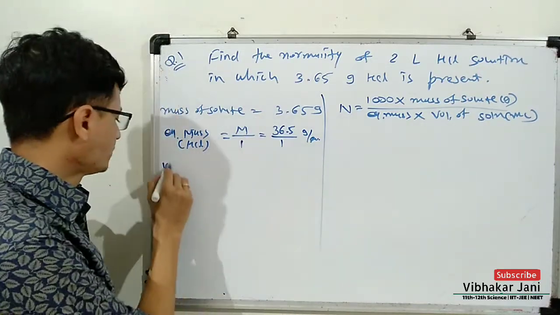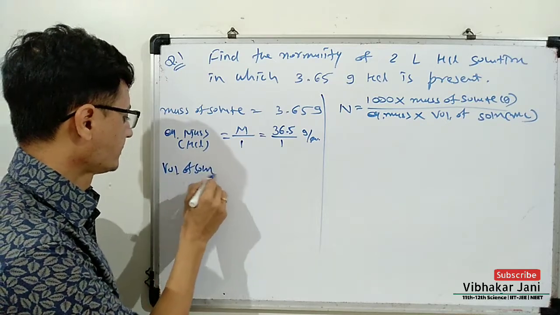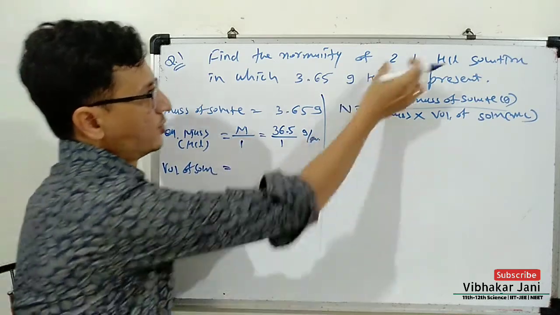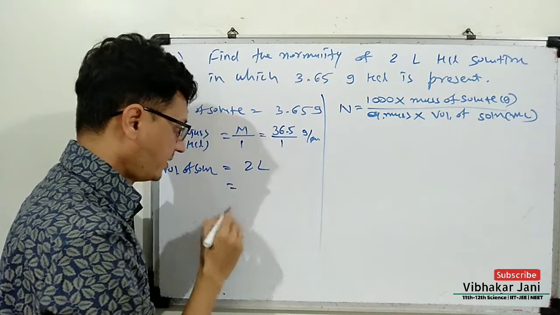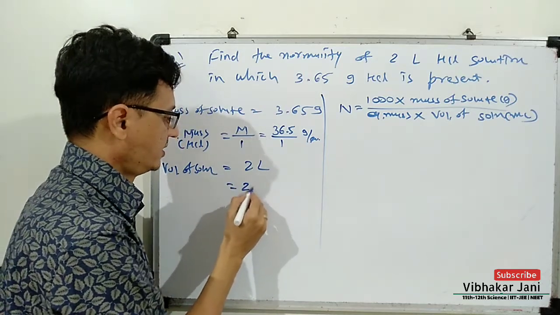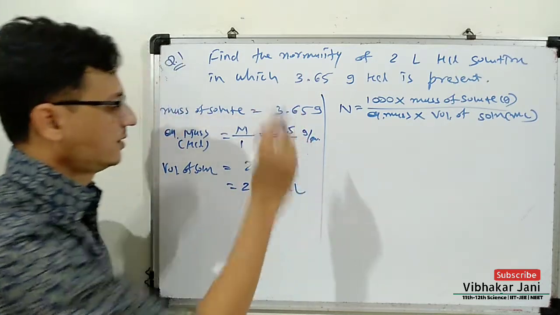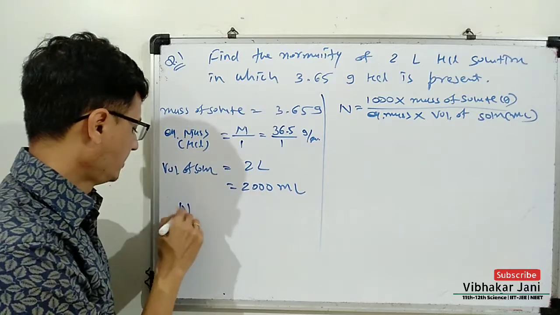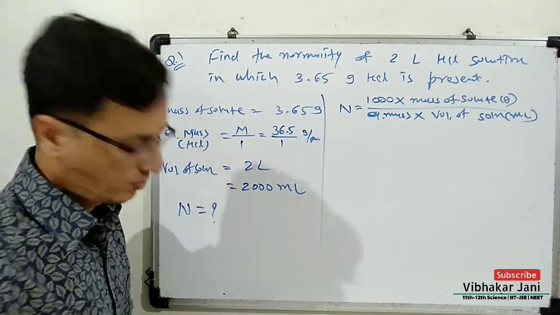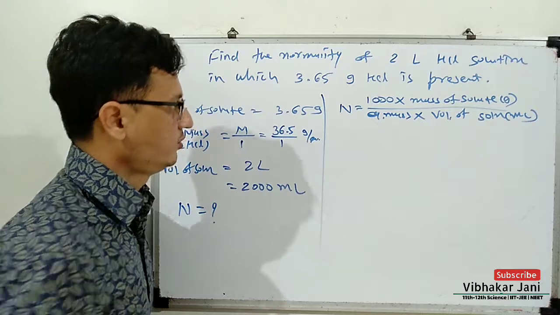And volume of solution is 2 liter, and if we convert it into milliliter, it is 2000 milliliter, and we are asked to find the value of normality. Now let us put the values.